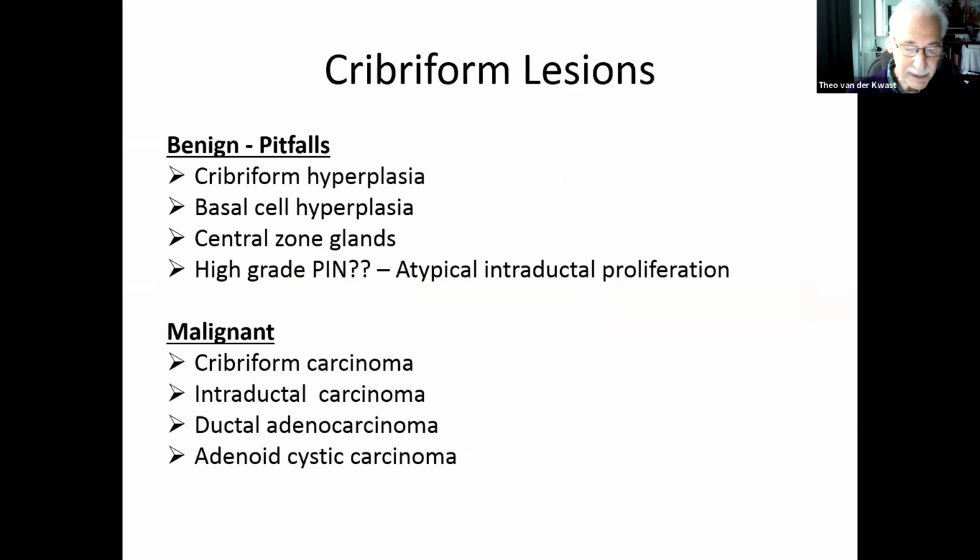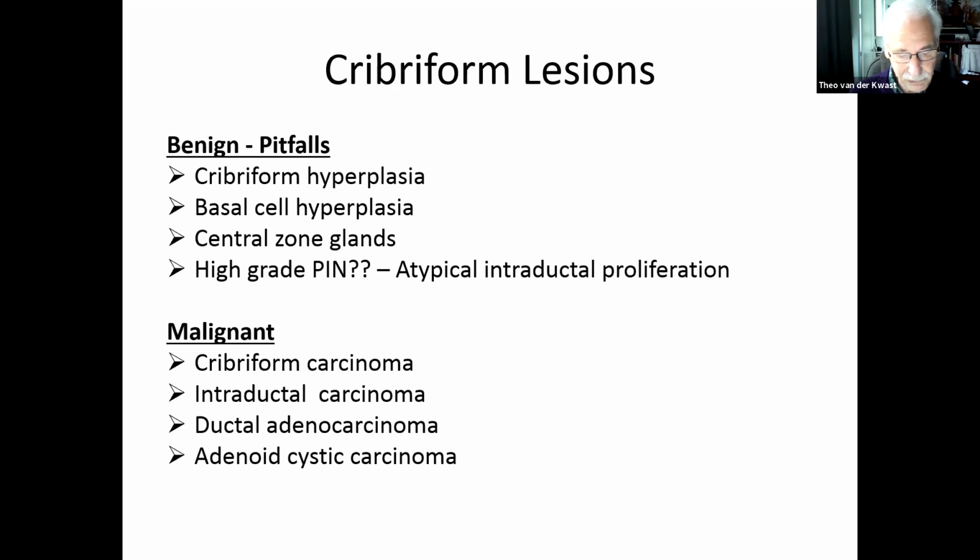So cribriform pattern is not necessarily a feature of malignancy. It is important to realize that cribriform pattern may also be seen in benign prostate glands, such as cribriform hyperplasia, basal cell hyperplasia of the transition zone, in the central zone glands even, and maybe in high-grade PIN. I will discuss that later.